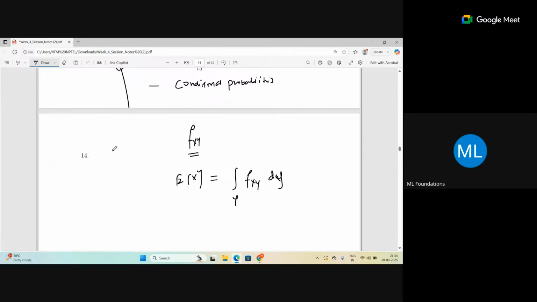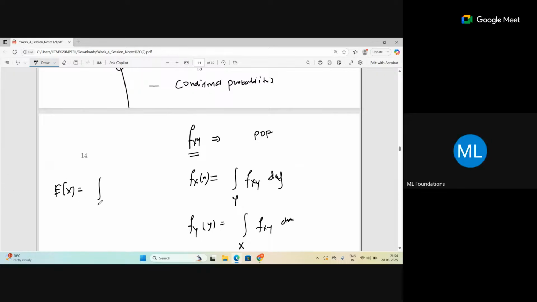This is your f of x, the marginal density. Let us say this is a PDF. How to find its marginal density? Integrating over y, f of x, y, dy. If I want f of y, then it is integrating over the range of x, f of x, y, dx. What is the expectation of x?